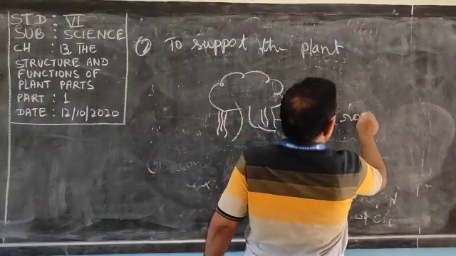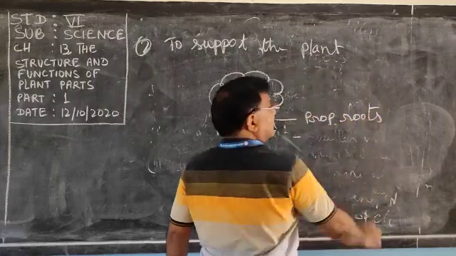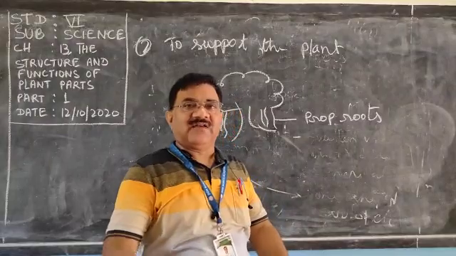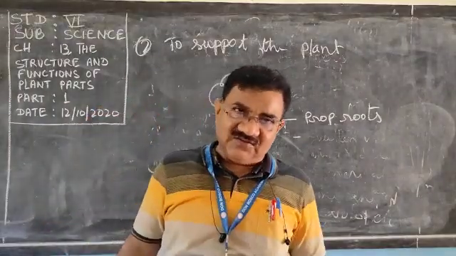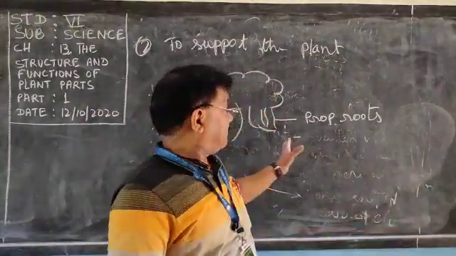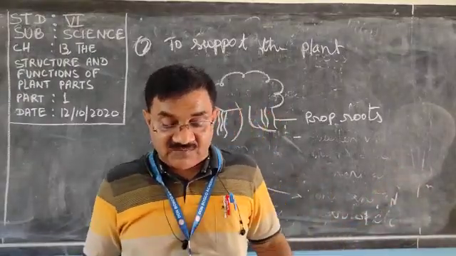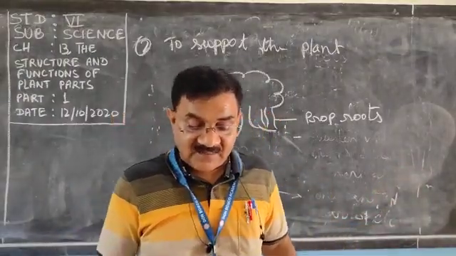Prop roots. The roots which come from the branches and go downward are called prop roots. These are hanging in the banyan tree, you must have seen.